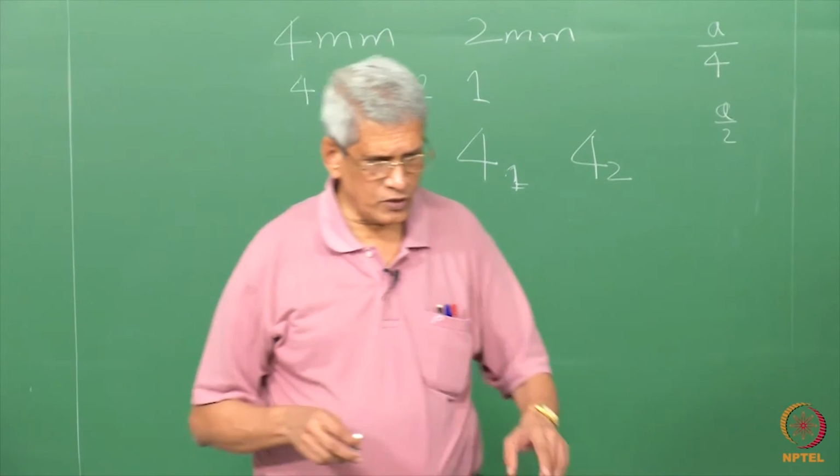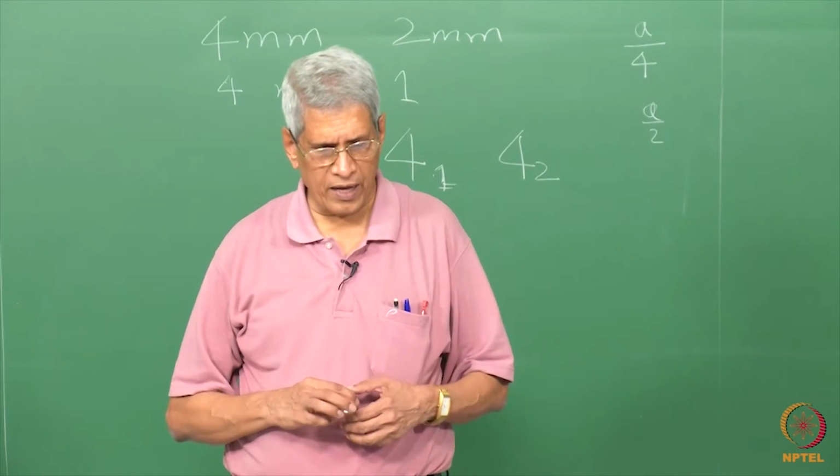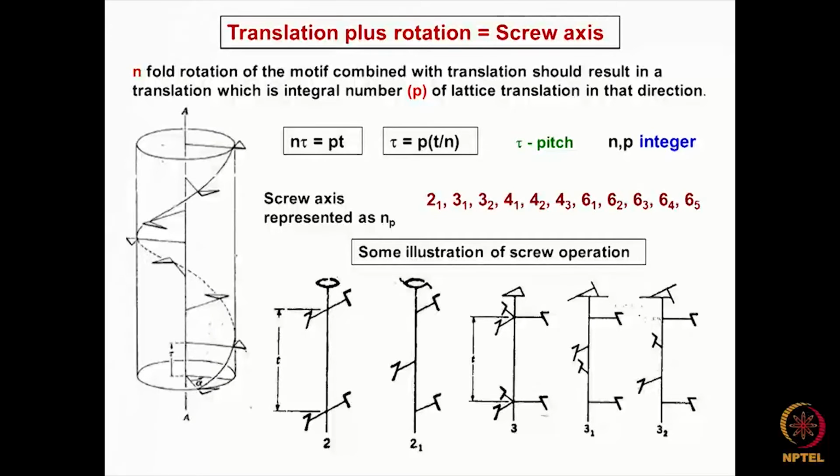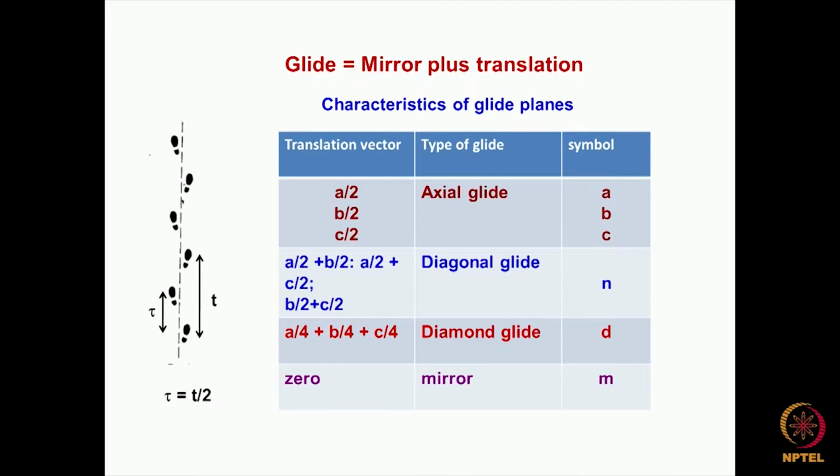Okay. This way we can have this many additional symmetry elements possible, but this is because here we are combining a translation and a rotation, right? So similarly, I had also mentioned earlier about the glide.